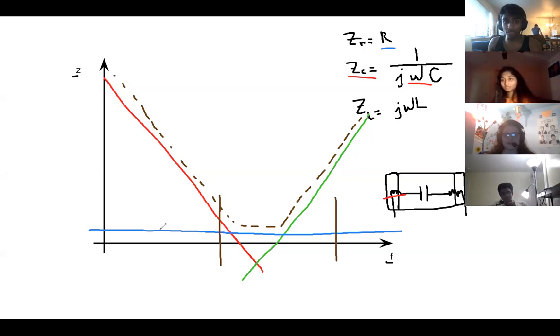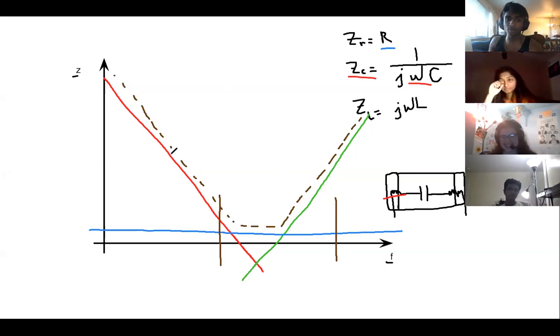Which means that we want the impedance to be as low as possible in this area. And I don't think we can accomplish that with one capacitor because it looks like this one picks up over here and the impedance gets pretty high within our range. So what do you think we can do? Slap another one on there. Yeah, exactly. We can slap another one on there.